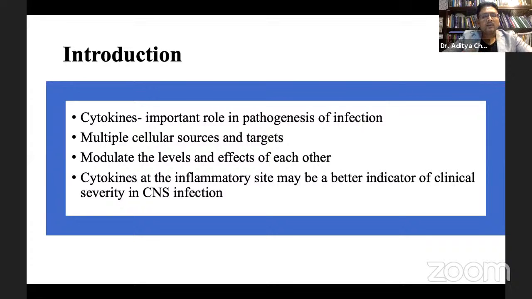There is biofeedback, in which certain interleukins increase the levels and others decrease the levels of other interleukins. So 1 + 1 is not 2 here. It is a complex network between each and every cellular target and source. And we all know that these cytokines at the inflammatory site may be a better indicator of severity in CNS infection, which I'll be elaborating in the further slides.